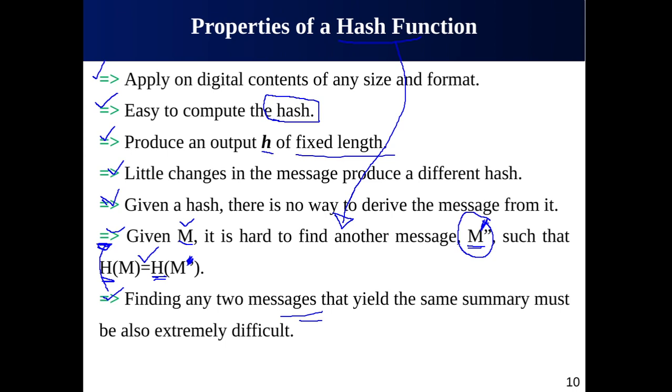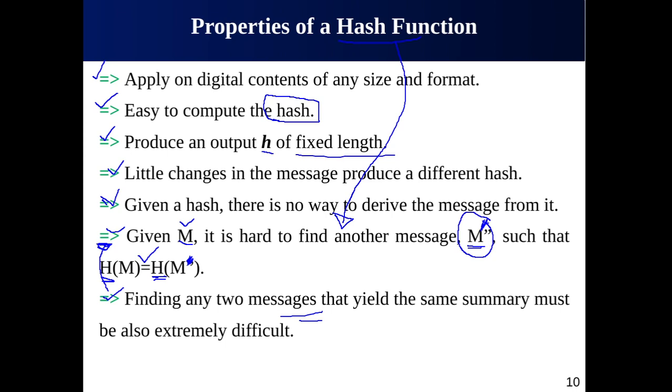And this property is known as strong collision resistance. So we studied three important properties. The first one was about diffusion, then we saw weak collision resistance, and finally strong collision resistance.